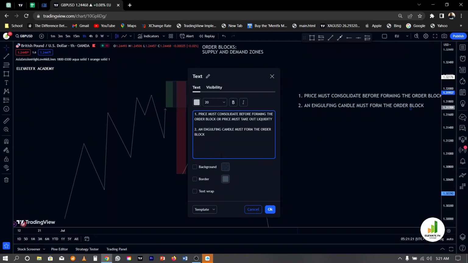Now, mind you, narrative plays a very important role. Where you're able to marry the narrative with liquidity, you become a professional trader. In fact, you've gotten the key to intraday mastery.